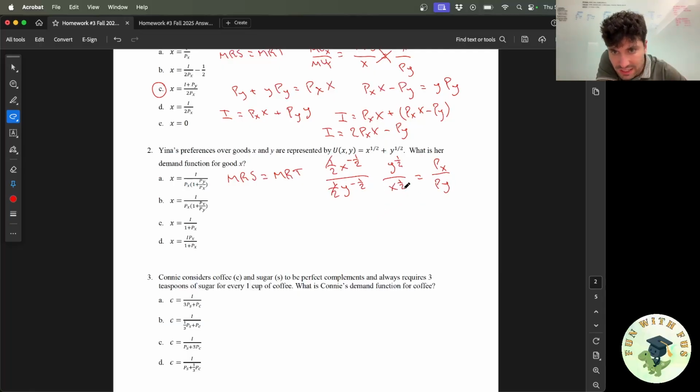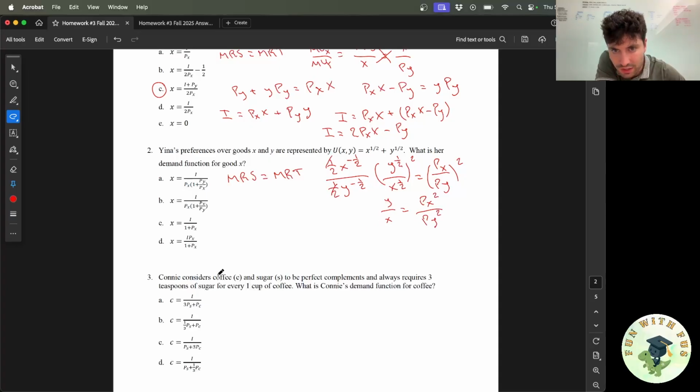So if you wanted to, you could square this whole thing, and maybe I will do that. So we can square, but oh, that is terrible. But if we square both sides, then we should just get y over x equals price of x squared over price of y squared.